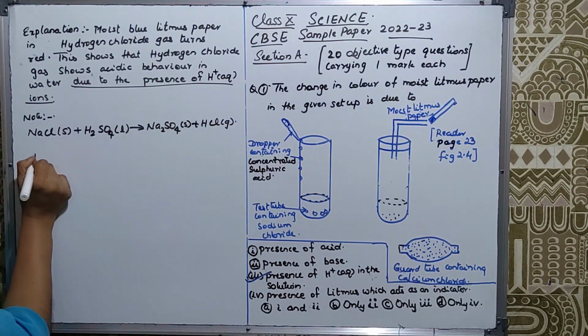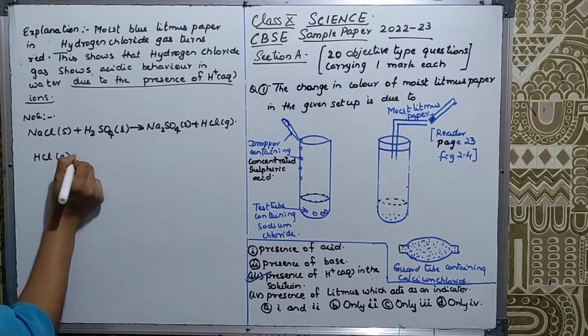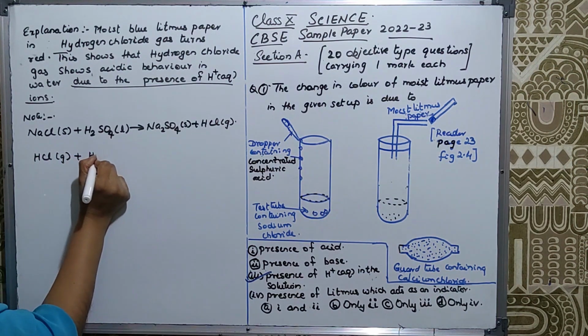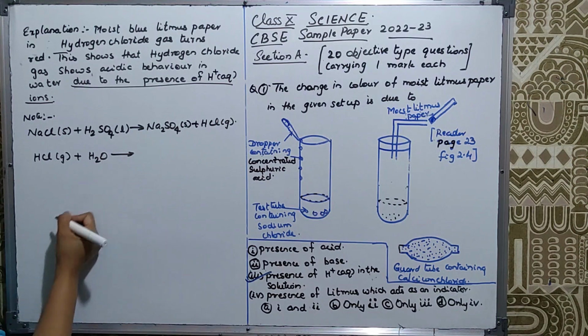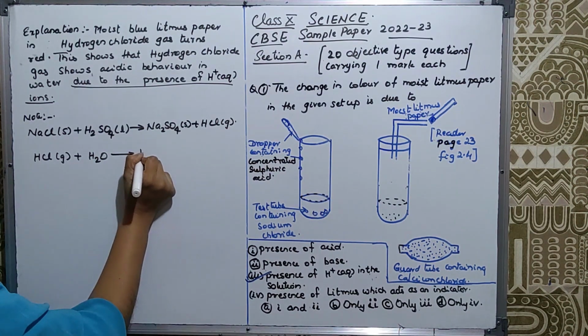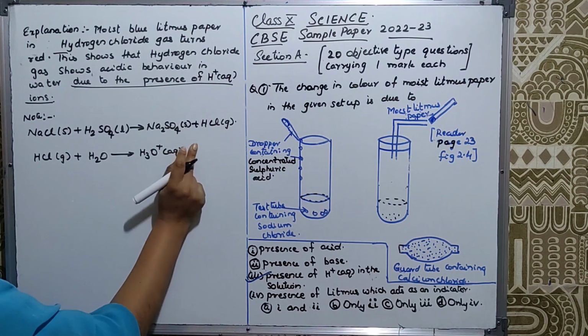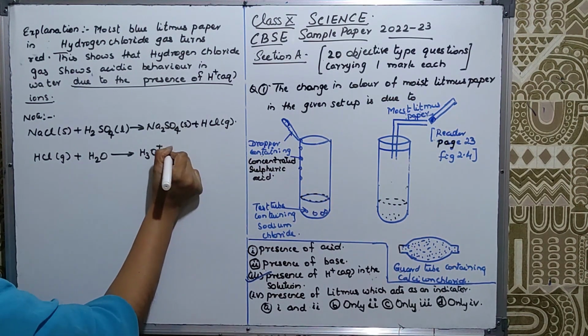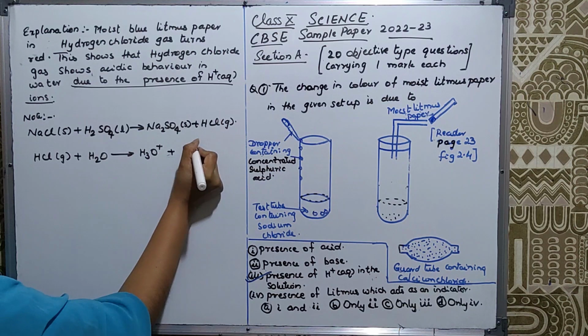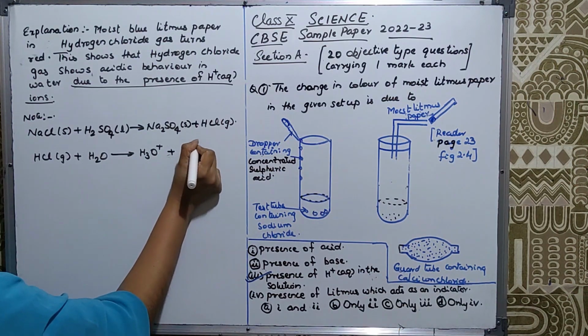This HCl gas is allowed to react with H2O, that is water present in the blue litmus paper, to give H3O plus hydronium ions plus Cl minus.